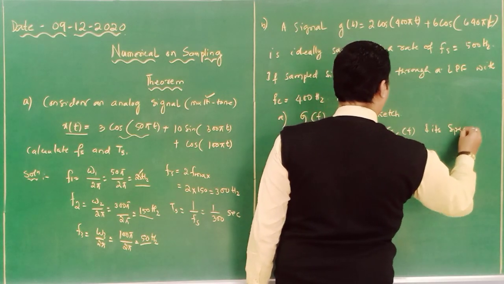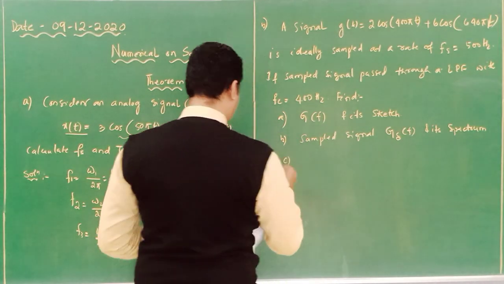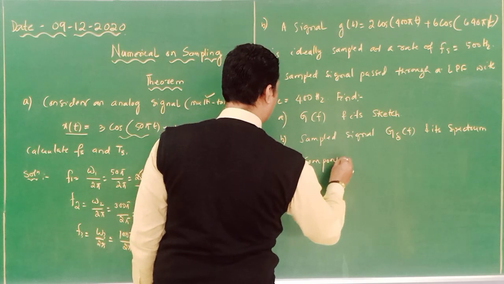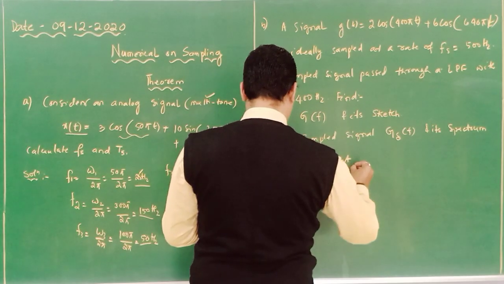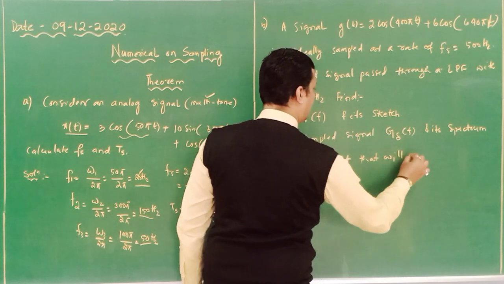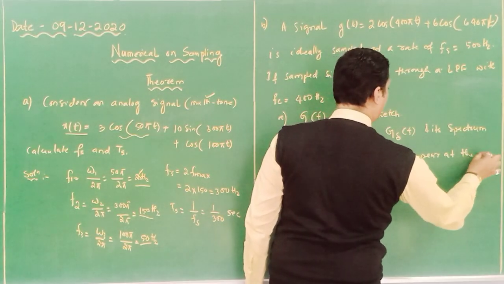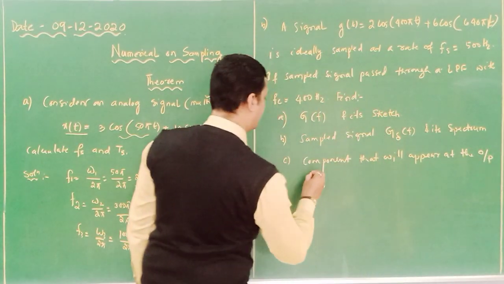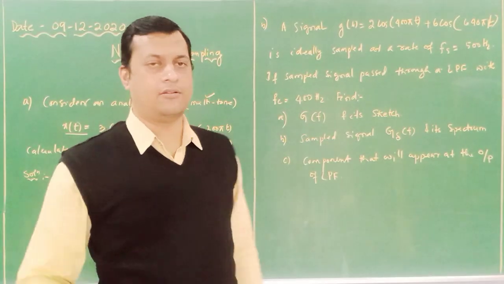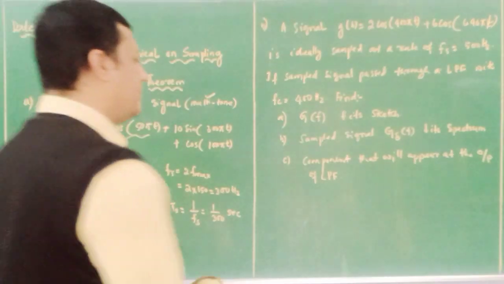Then part C: the component that will appear at the output of the LPF. So these are the 3 points which need to be calculated with respect to the given data.